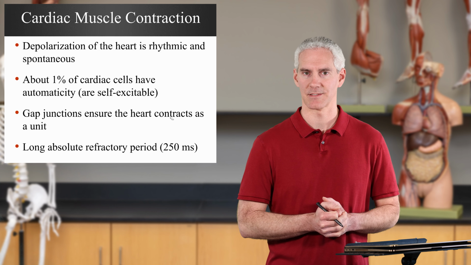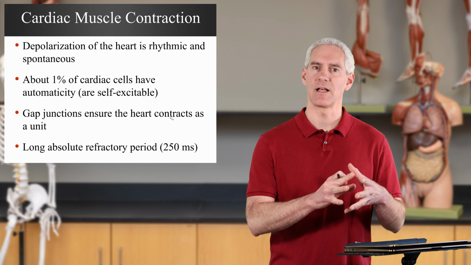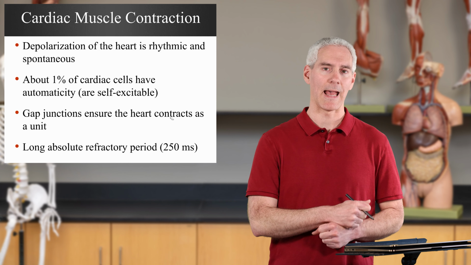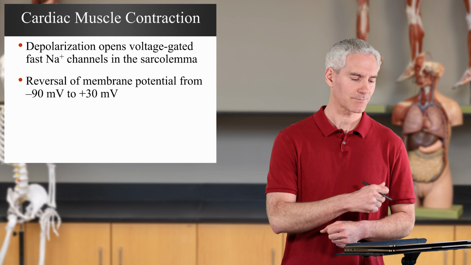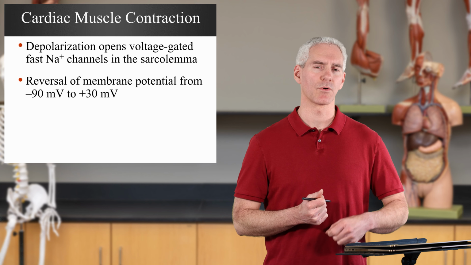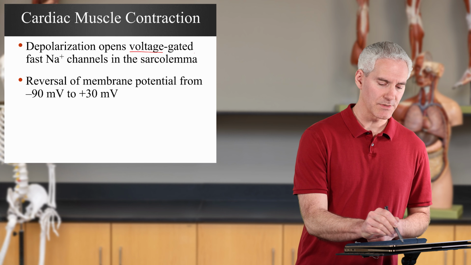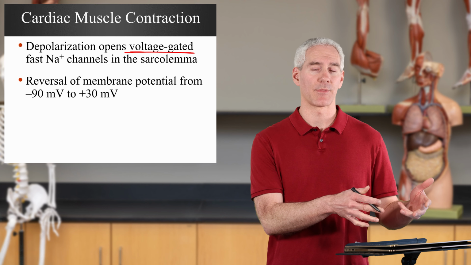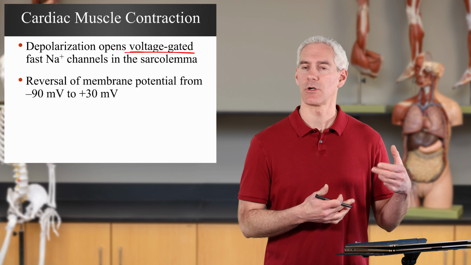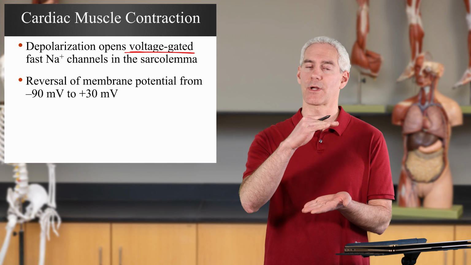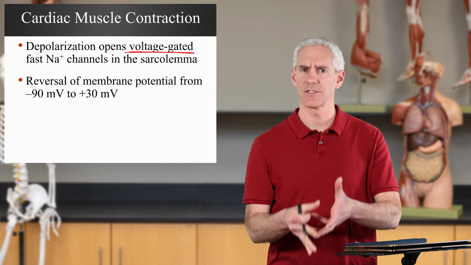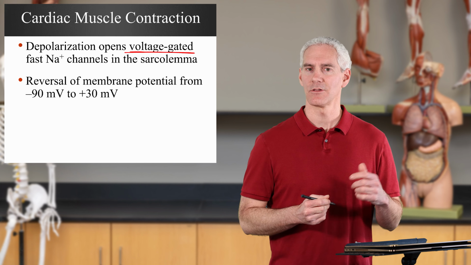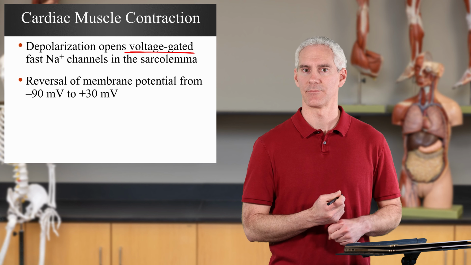So cardiac muscle cells have a much longer contraction phase, much longer absolute refractory phase. So when this depolarization is occurring, we're still using the voltage-gated sodium channels. Now, hopefully remember what that means. Those voltage-gated sodium channels only open once a certain threshold is met, and then sodium floods through them. If you need a refresher, jump back to AP1, look at some of the nervous physiology or skeletal muscle physiology.